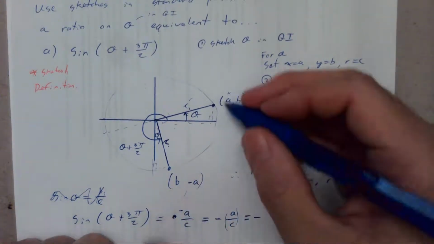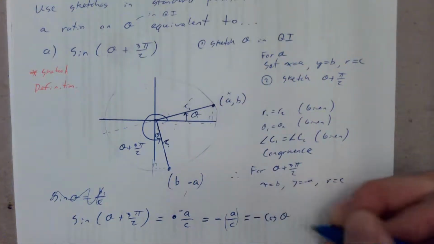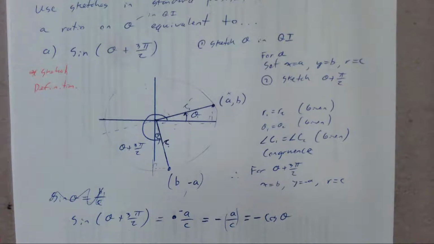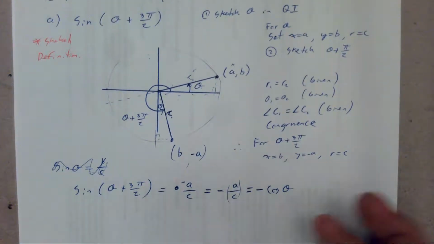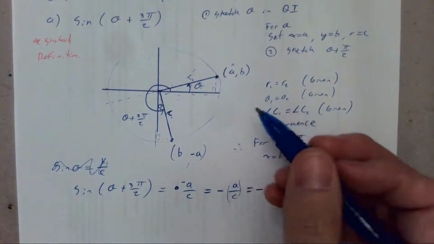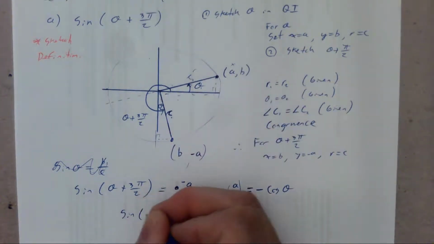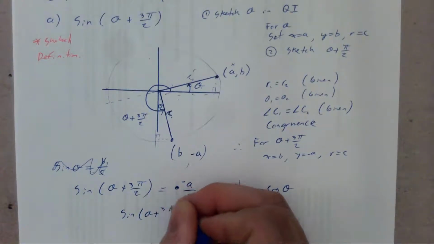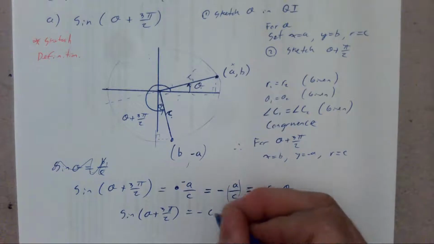The ratio of x to r for theta would have been the cosine of theta. So what we have proven here, and it's not likely going to be a valuable identity for you, is if theta is in the first quadrant, then the sine of theta plus 3 pi by 2 is going to be equal to the opposite of the cosine of theta.